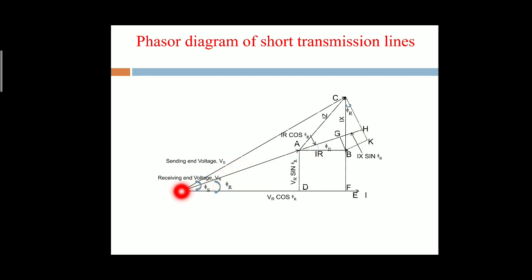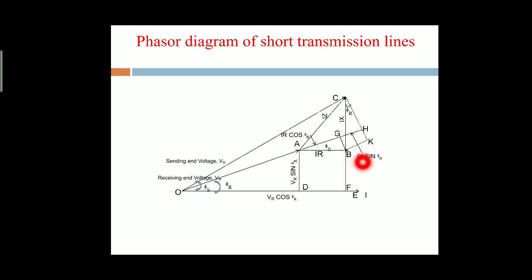In that, OA is the receiving end voltage VR, AG is the IR cos phi r, and GH is the Ix sin phi r. That is the approximation equation of the sending end voltage.